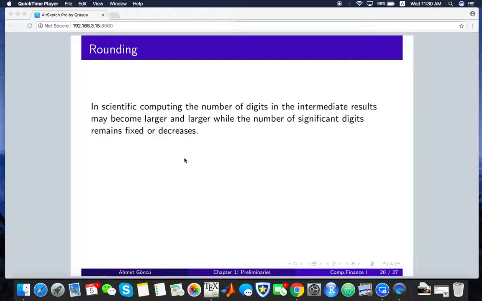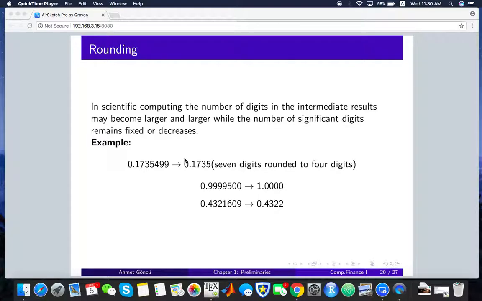So this brings us to the concept of rounding. In scientific computing, the number of digits in the intermediate results may become larger and larger, while the number of significant digits remains fixed or decreases. For example, think about a real number which has 7 digits after the decimal point. But if we have storage enough to store just the first 4 digits after the decimal point, it will be rounded to 4 digits because that's the capacity of our storage.